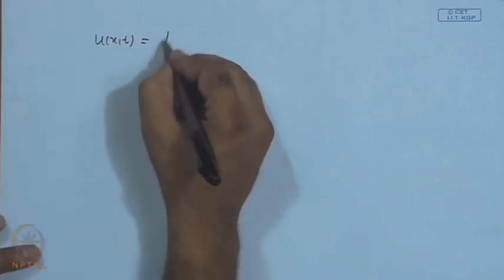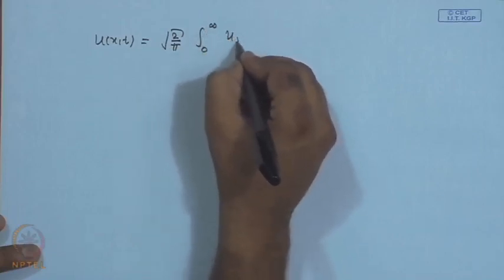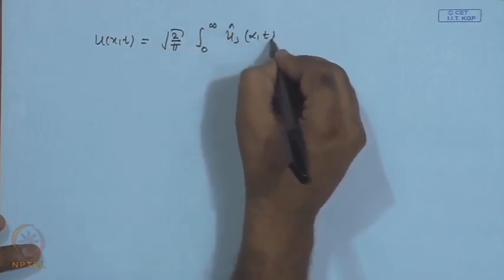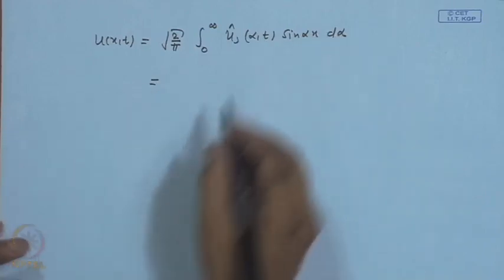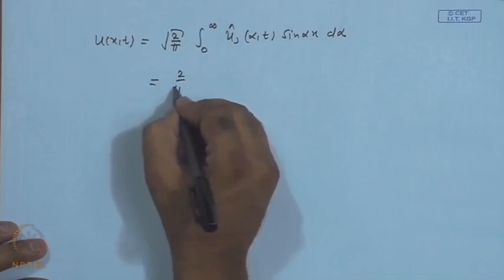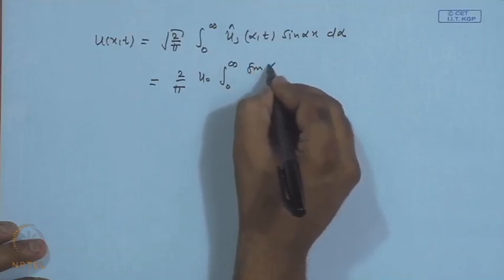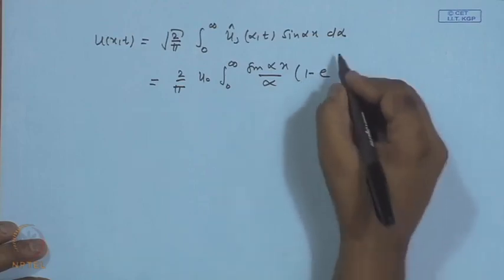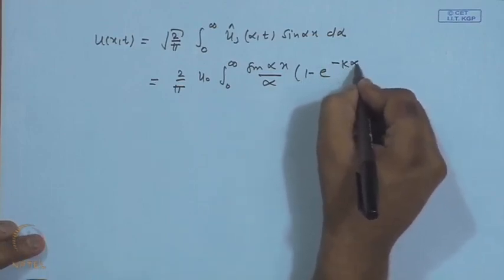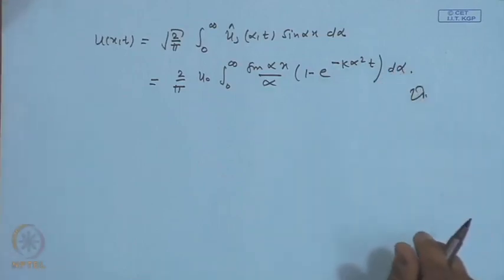So, we will get straight away u of x, t, and that is square root 2 over pi, integral 0 to infinity of u s hat alpha, t, sine alpha x d alpha. So, we can substitute that, we will get square root 2 over pi, also u naught will come, 0 to infinity, sine alpha x over alpha, and we have 1 minus e to the minus k alpha square t, d alpha. So, this is the solution.